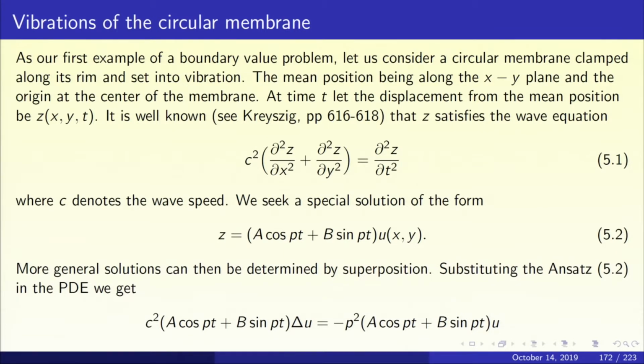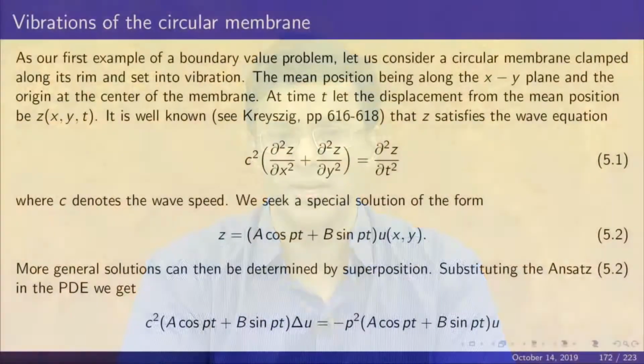Now, you might ask, 5.2 is a rather specialized solution. Well, once we find various solutions like 5.2, we can always resort to taking superpositions of these specialized solutions and obtain more and more general solutions. And we shall see that this project can really be taken to completion.